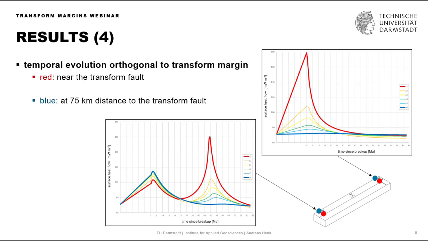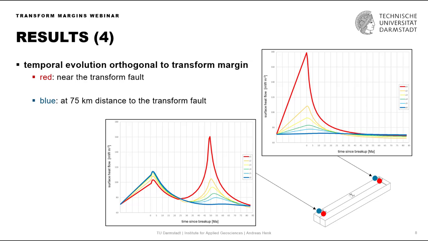Again, the locations near the rift zone in the back of the figure show the single heat flow peak for breakup only, whereas the points near the second rift zone in the front experience two heating phases, one during breakup and the second one during passage of the ridge.